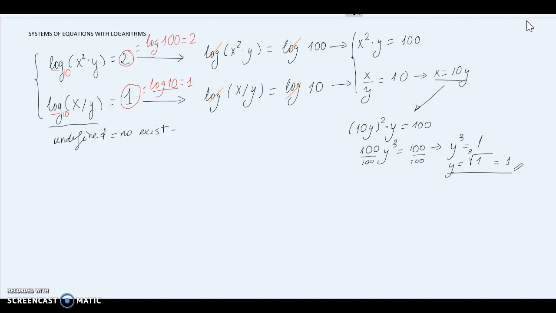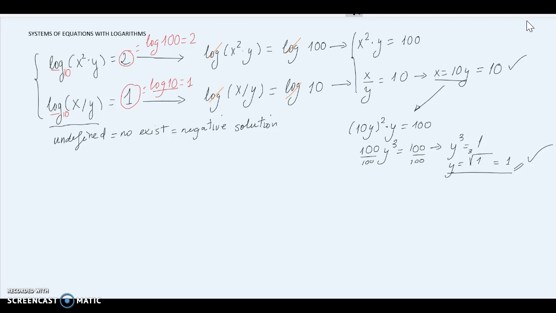So this is for negative solutions. Okay, so the solution is 1. To find the x, this is 10 times 1, this is 10. The x is also positive, so this solution is correct.